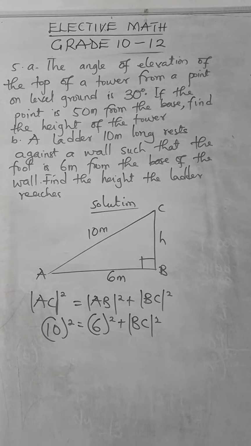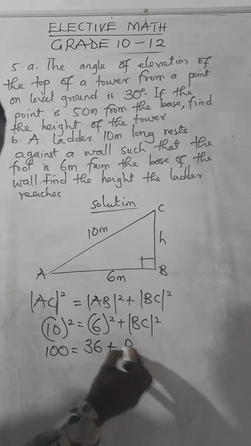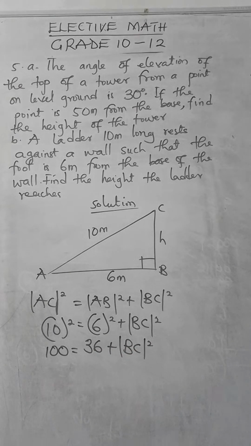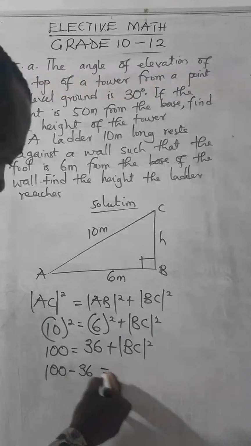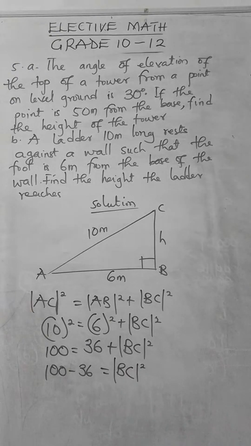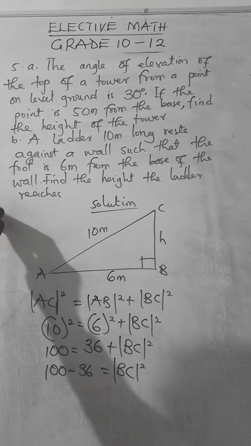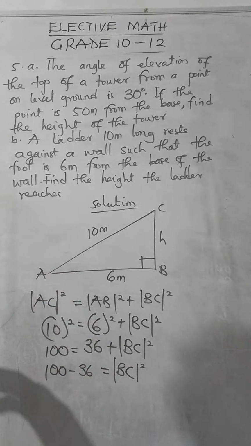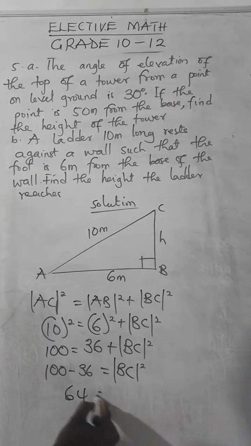Alright, so you have 10 squared is 100, then this is 36 plus BC squared. So we have 100 minus 36, which is 64, equal to BC squared.